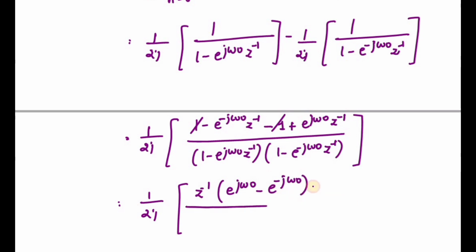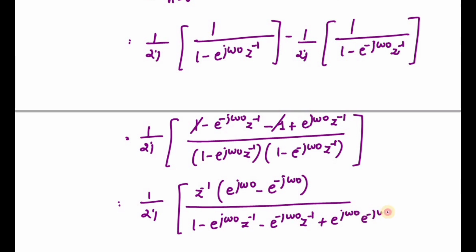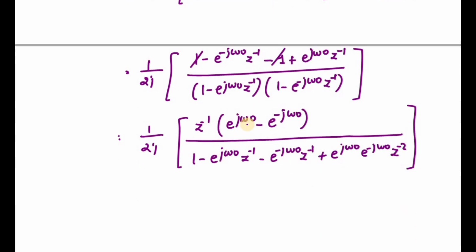Divided by, if I cross multiply this, 1 minus e power j omega naught z power minus 1 minus e power minus j omega naught z power minus 1 plus e power j omega naught into e power minus j omega naught z power minus 2. So e power j omega naught minus e power minus j omega naught divided by 2j is nothing but sine omega naught, right?